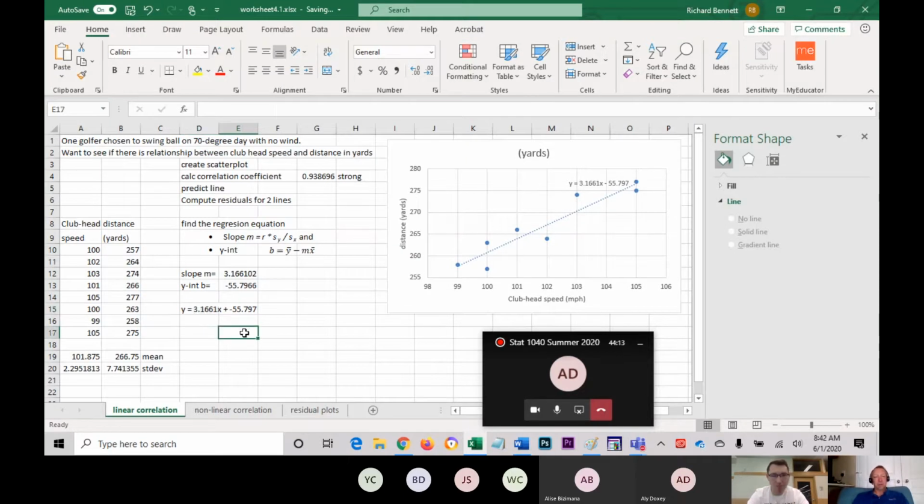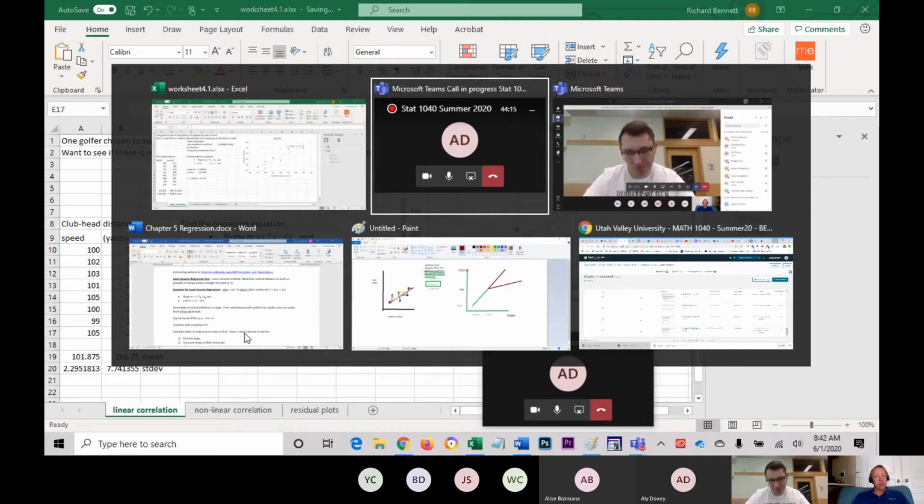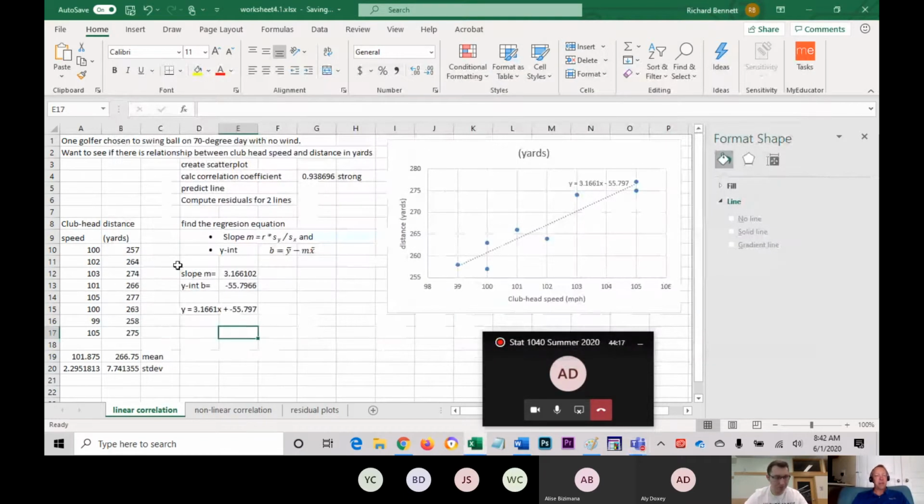Now, let me go back to my notes here for a second. So essentially, if I give you a data set, this is the kind of test question I could ask you. I could say draw a scatter plot, which you'll draw. Then I could say find the mean and standard deviation, which you should do.